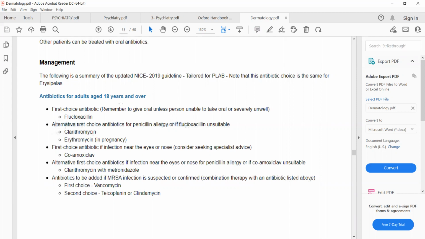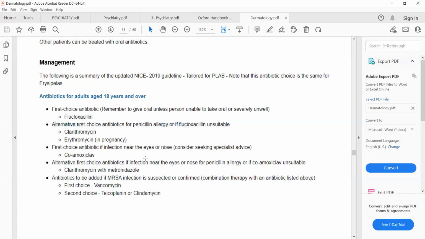And if someone is allergic to penicillin, alternatives include clarithromycin or erythromycin. Remember that erythromycin is safe in pregnancy, so it can be used in pregnancy. Otherwise, we prefer clarithromycin. So fluoxetine is the first choice antibiotic, and if someone is allergic to fluoxetine, then we'll use clarithromycin or erythromycin.